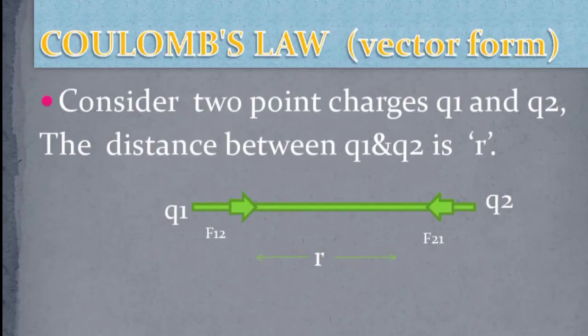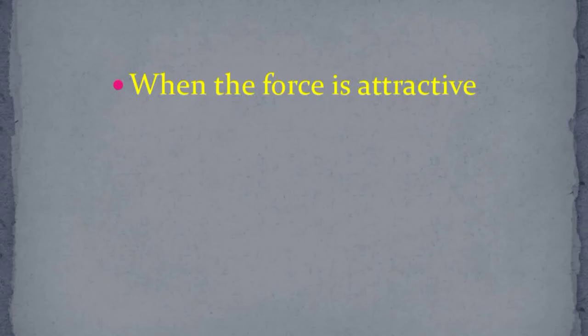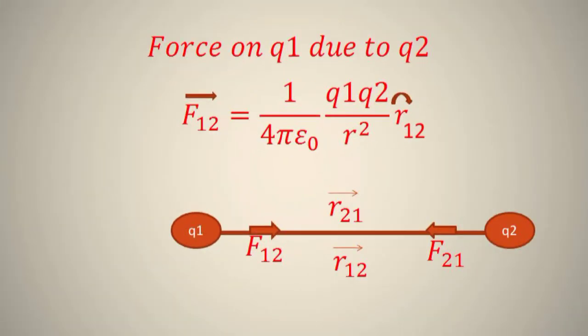Coulomb's law in vector form. Consider two point charges Q1 and Q2 separated by the distance r. When the force is attractive, r21 and r12 are the corresponding position vectors.